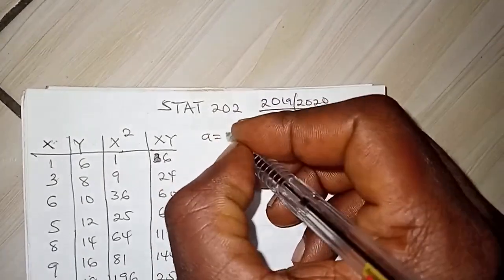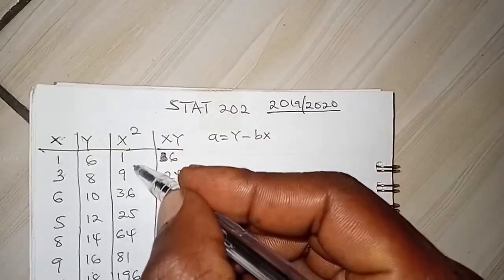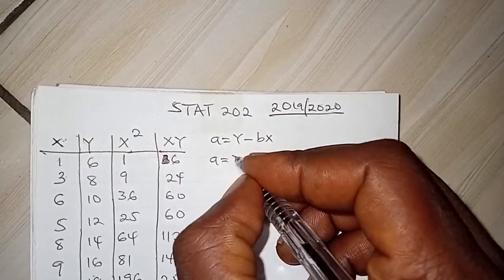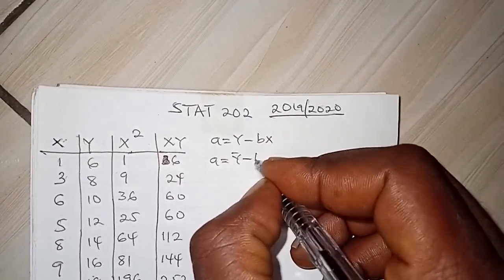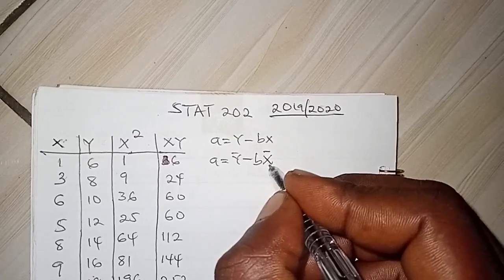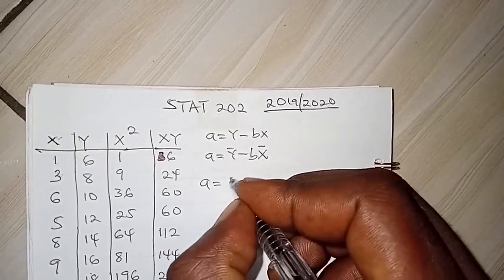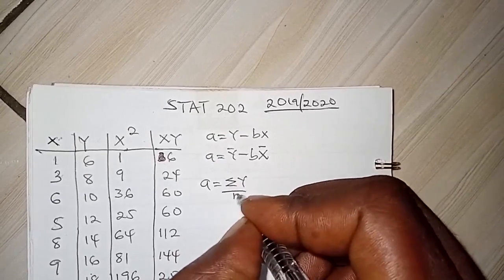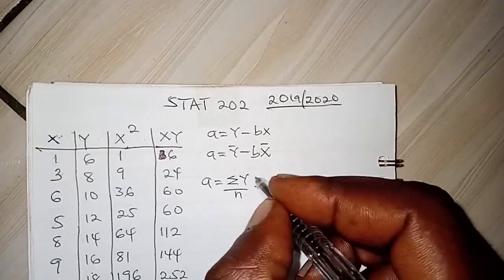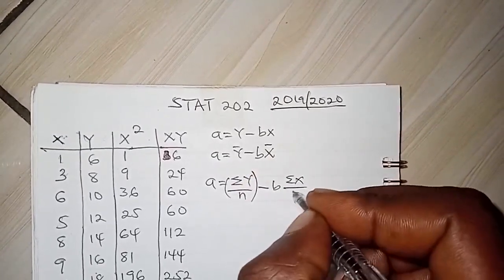All right, so the next thing is to get our a. Our a is equal to y bar minus b x bar. We have a lot of values for y, so we take the average, and the same thing goes with x. So a is equal to summation y over n, that's the formula for the mean, minus b times summation x over n.